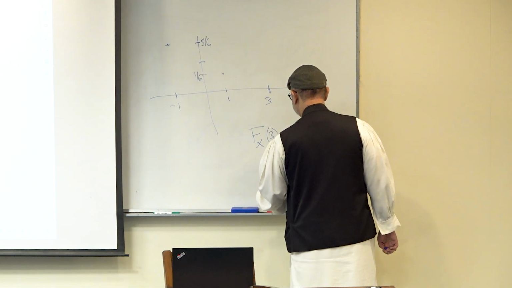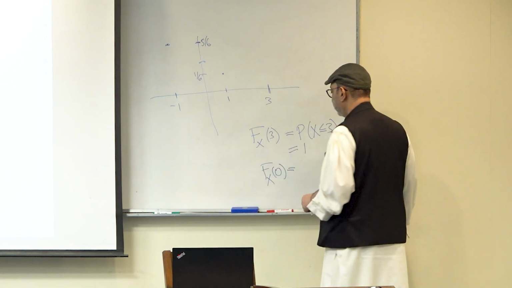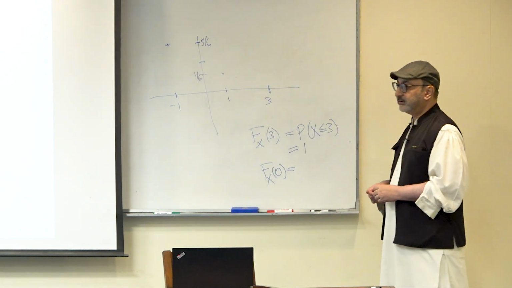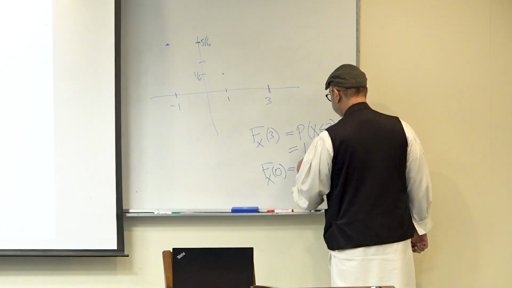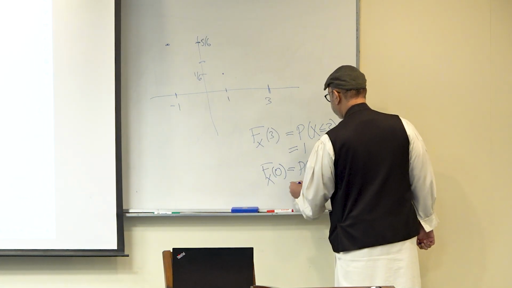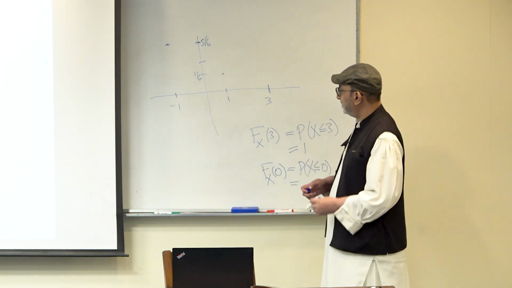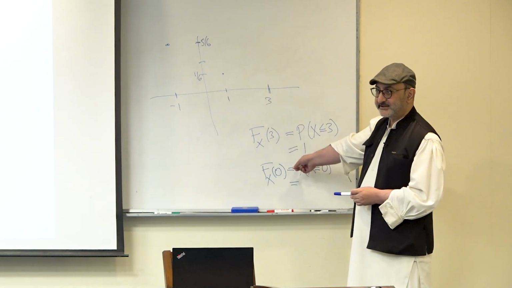Sorry, f sub x of 0. Okay? Right. So this is the probability that x is less than or equal to 0. Well, x could be -1, that fits in here.